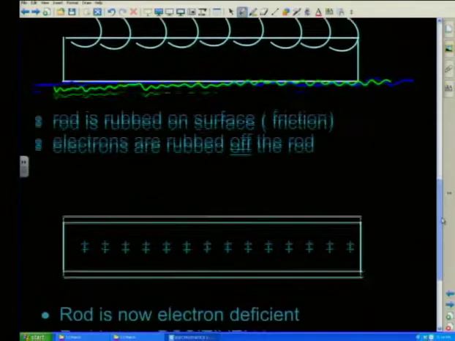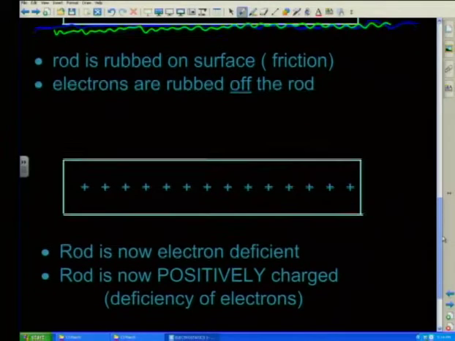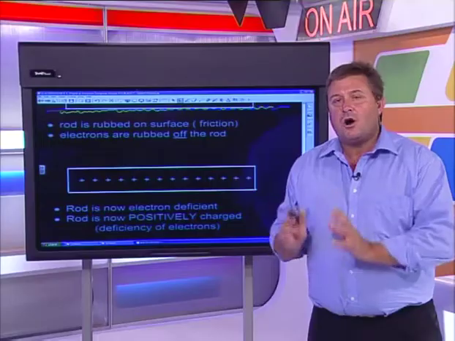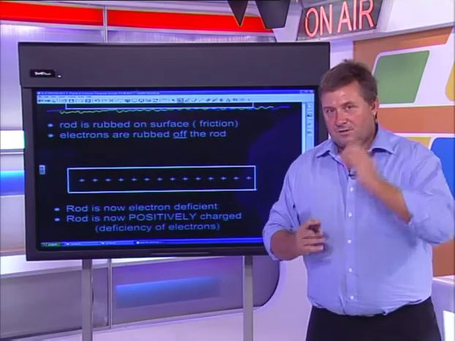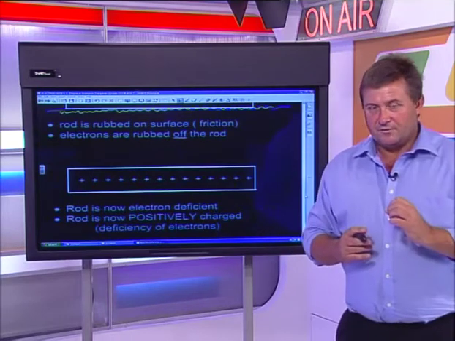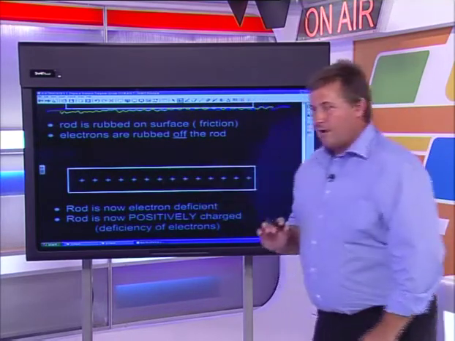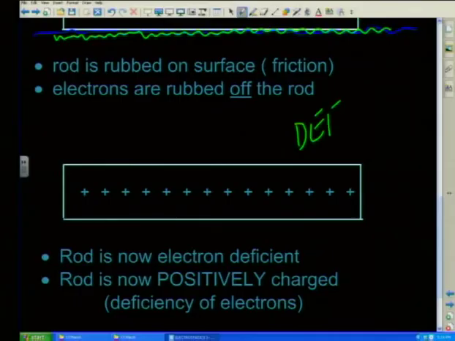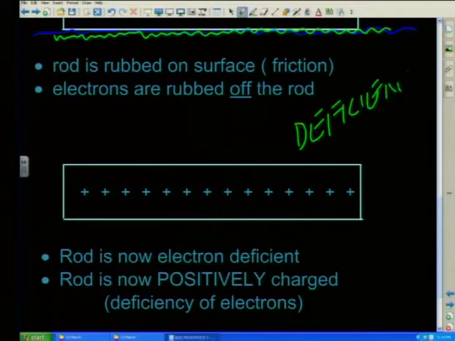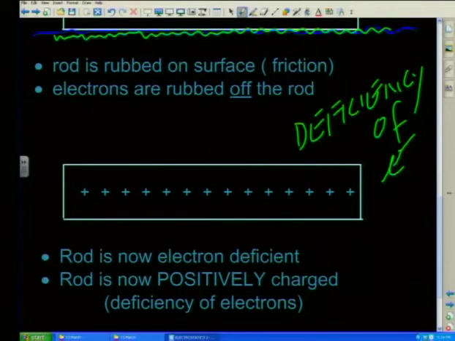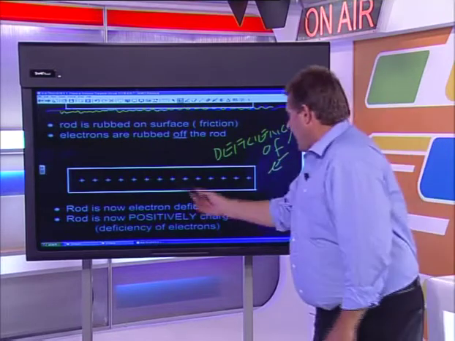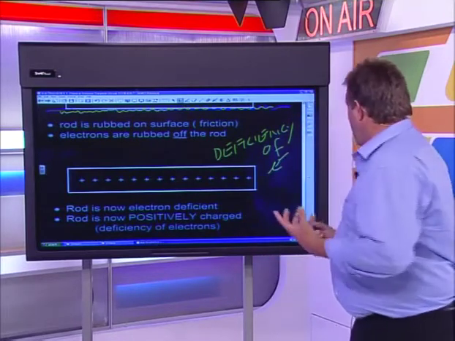Now, if electrons are rubbed off the rod, can we see now that we have got positive charge left behind? Positive charge does not move. Therefore, if electrons are rubbed off, we have, let's put it this way, a deficiency of electrons. We can see now our deficiency of electrons, and therefore our rod is left with an overall positive charge. And that is how we now charge the rod up positively.